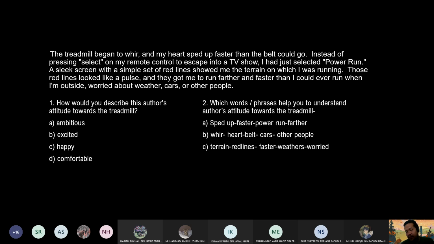So it shows the positive words that the author chose. Okay, I guess you are okay with that. I think this skill is quite difficult because you need to conclude and interpret. It's not an easy skill, but you can do it when you keep exercising.